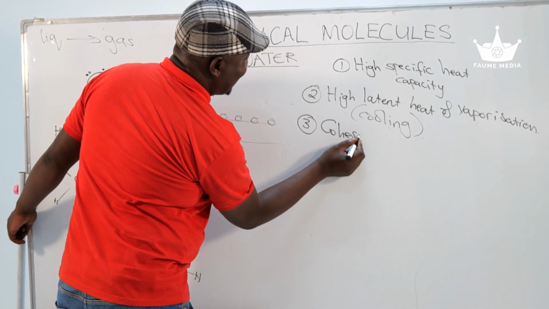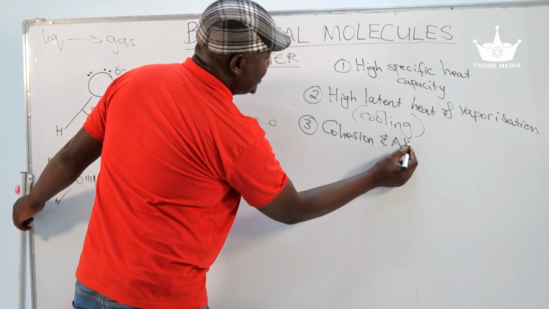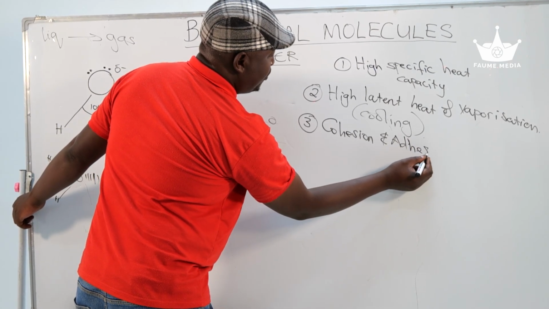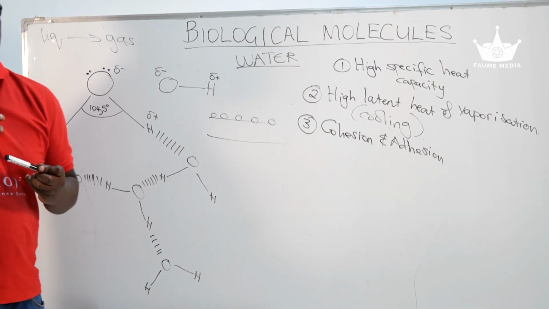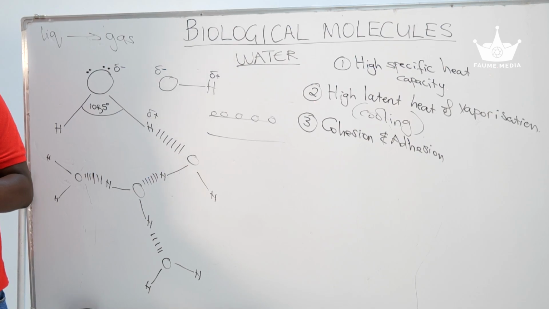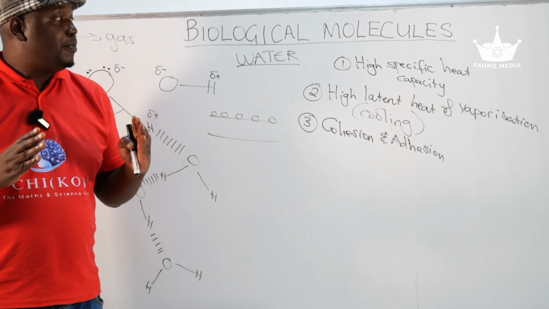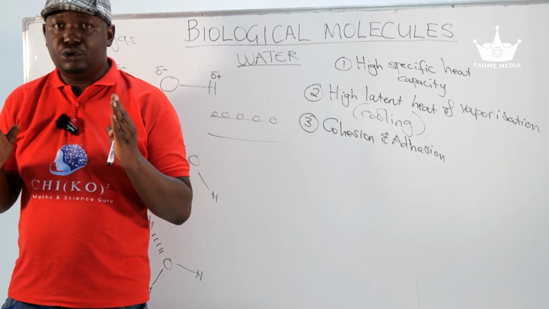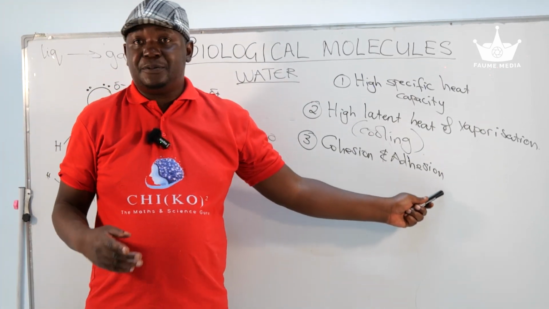Number 3, cohesion and adhesion. This is one of the most important properties of water. Cohesion is the ability of water molecules to stick together, and adhesion is water molecules being able to stick to surfaces. This is mainly important in transportation.